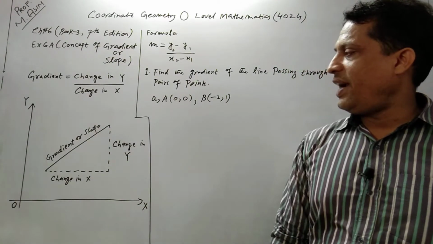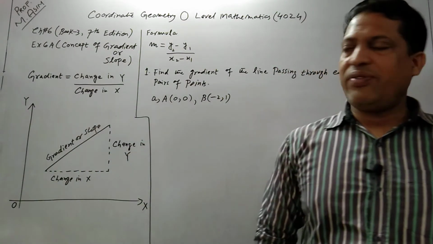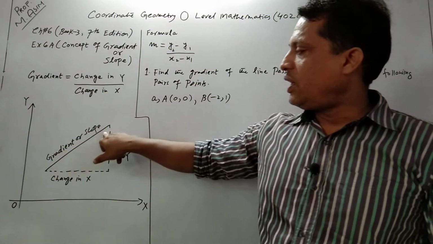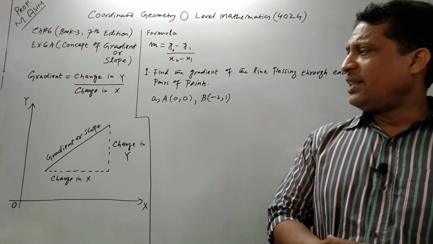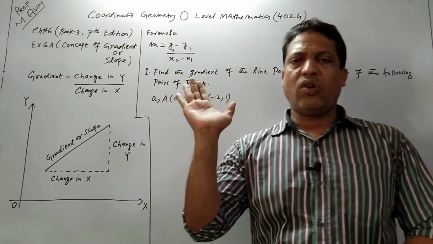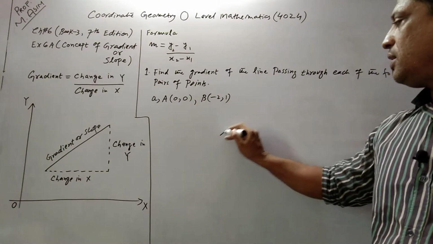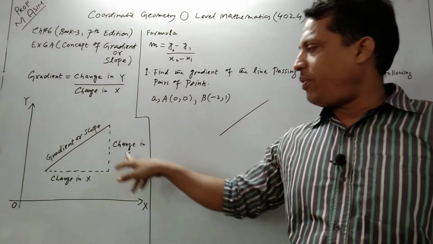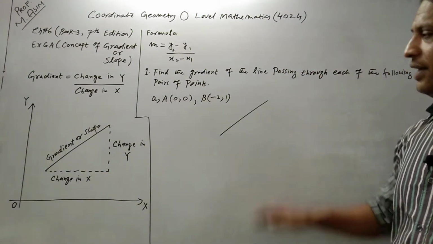If you divide the change in y by the change in x, you will get the gradient or slope. We call this line a slope because it is a tilted line. Always we call a tilted line a slope.